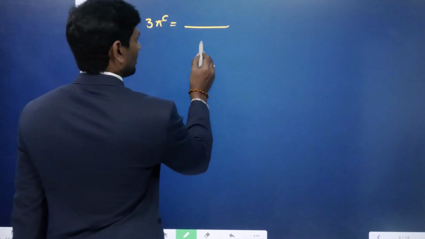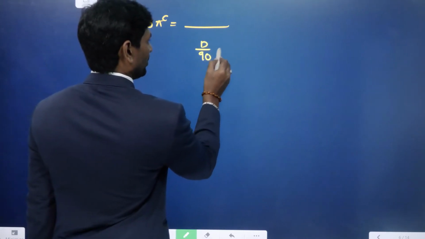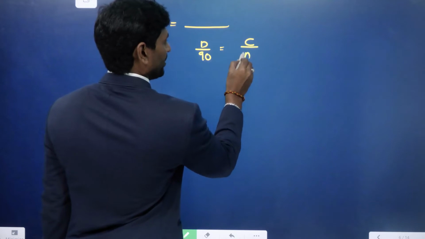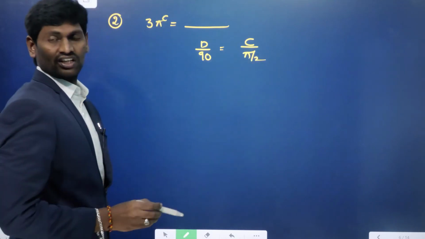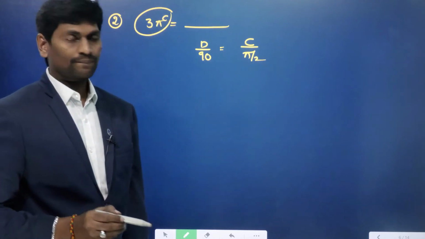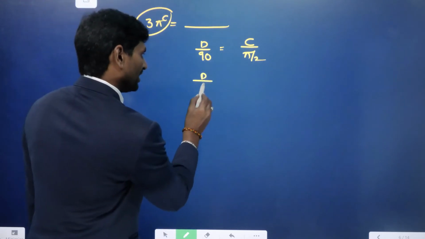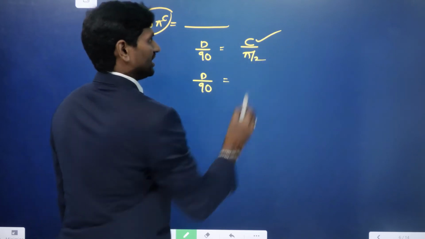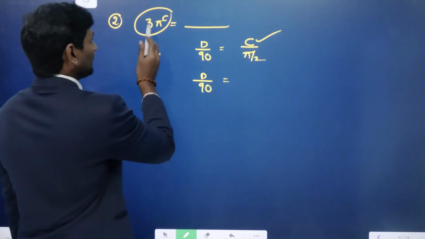So D by 90 equals C by pi by 2. Okay. So 3 pi radians is given. That means D by 90 equals, in the place of C, we should substitute 3 pi radians.